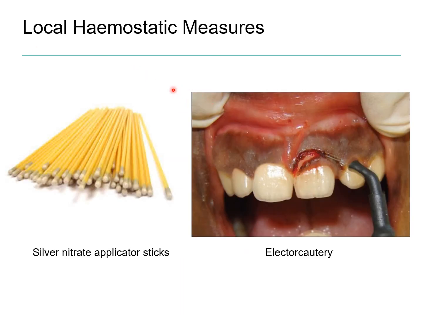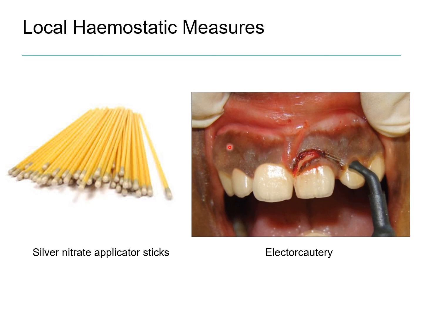Bleeding from the gingival soft tissues can also be minimized with the use of electrocautery, which is basically equipment which utilizes electric current to heat the tissues to achieve hemostasis. Obviously, you would need the right equipment and training in your practice to use it.